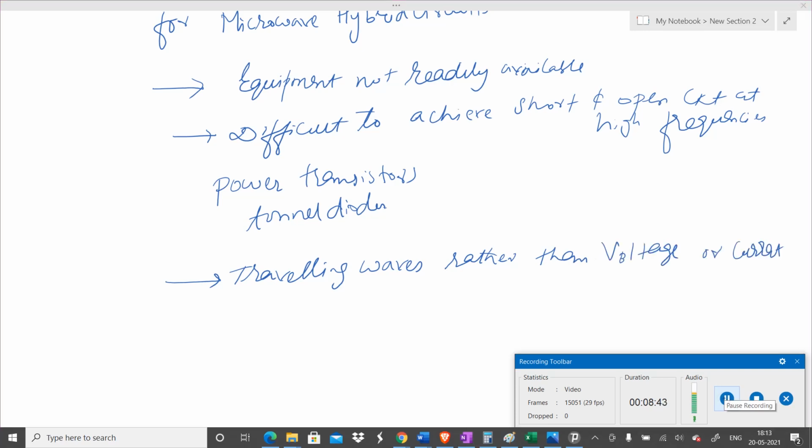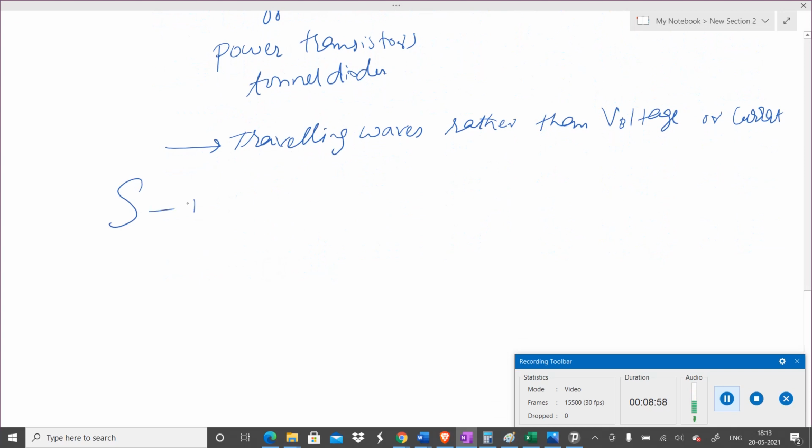The meaning will become clear further. And such parameters which characterize the microwave hybrid circuit with the help of traveling waves, these are called S parameters.